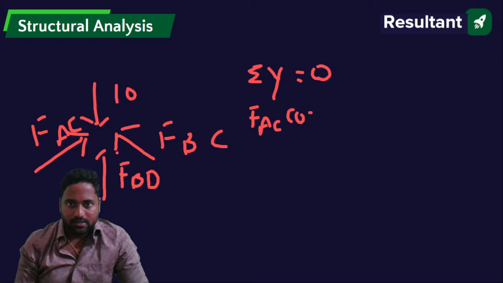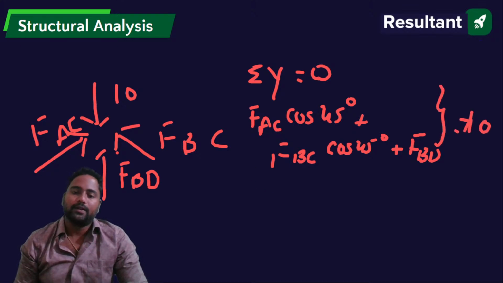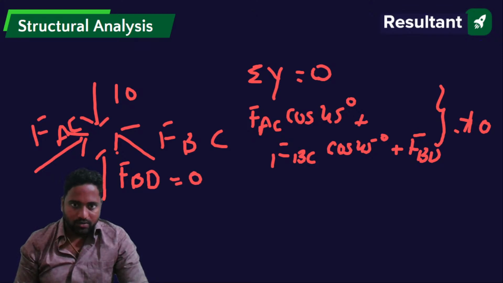FAB cos 45 plus FBC cos 45 plus FBD, whole thing is equal to 10. FBD anyway equals 0, I have shown you initially only. So FAB, no, this is AB, right?